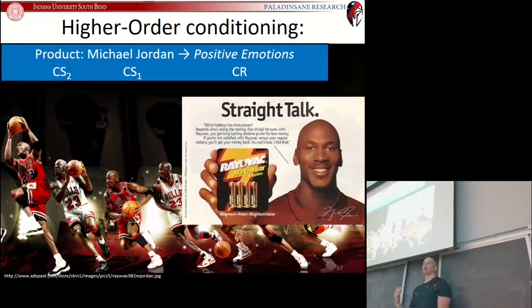What happens to that when he's no longer playing basketball? I'll give you a hint. In this product, conditioned stimulus followed by Michael Jordan, the conditioned stimulus, which leads to the positive emotion of a conditioned response.